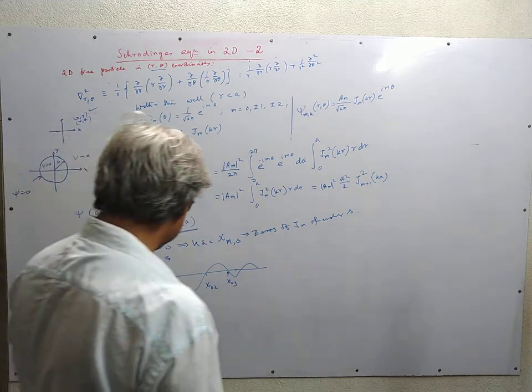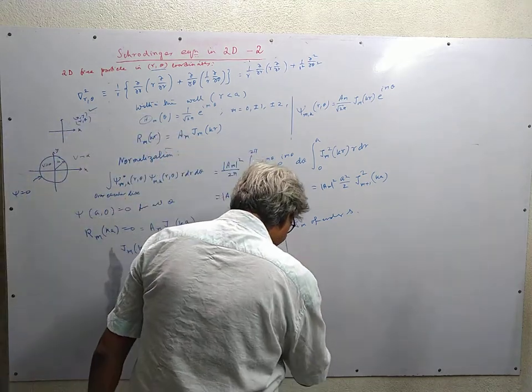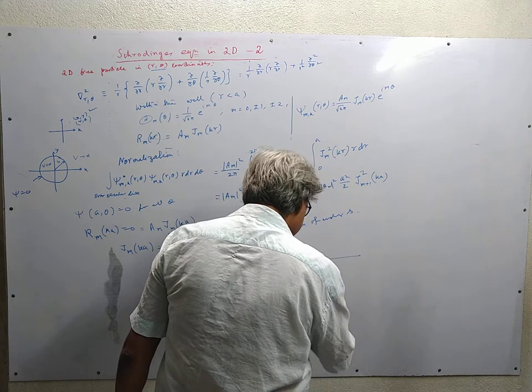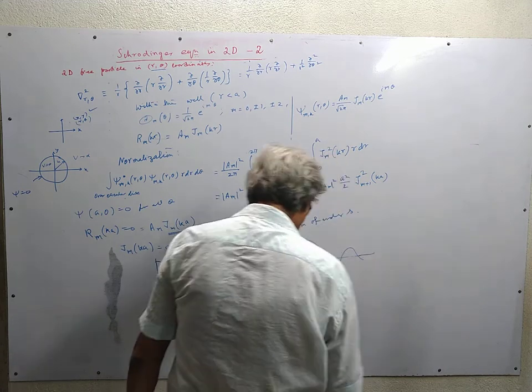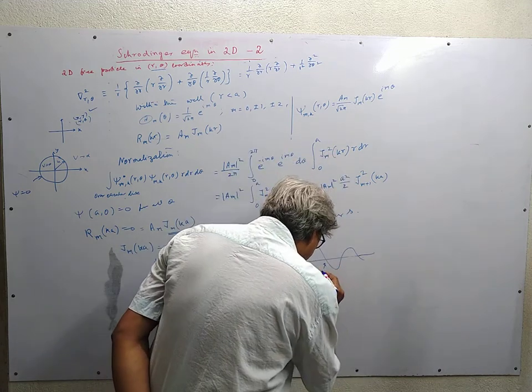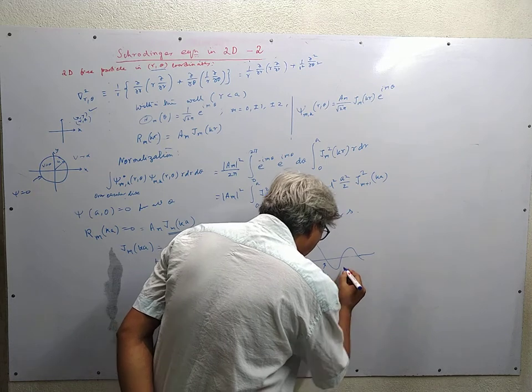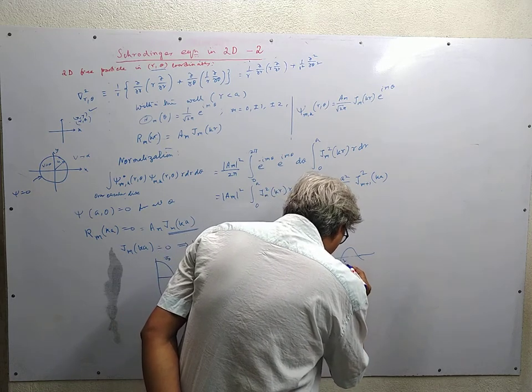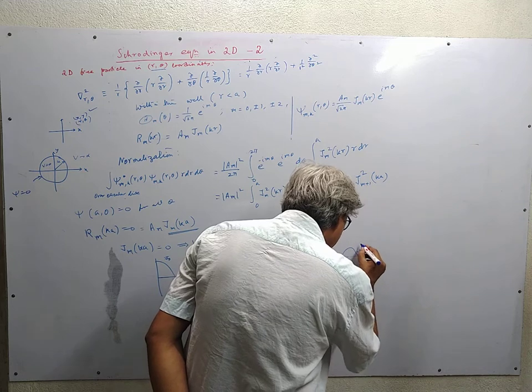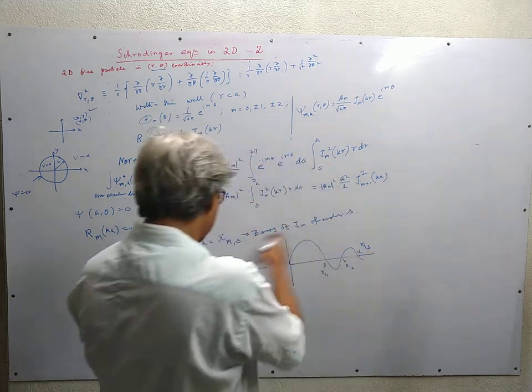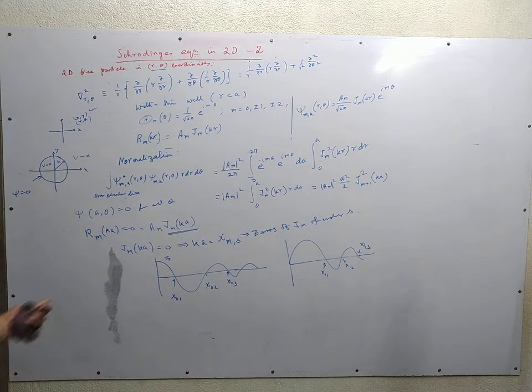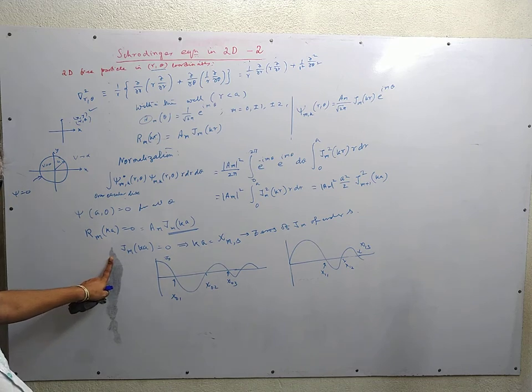If we consider the Bessel function of order 1, the graph is like this. So this is x11, this is x12, this is x13. These are known as the zeros of the Bessel function, and they are available in the literature.